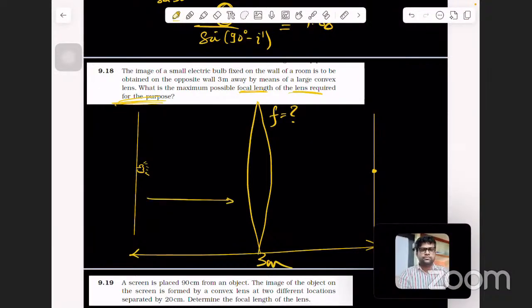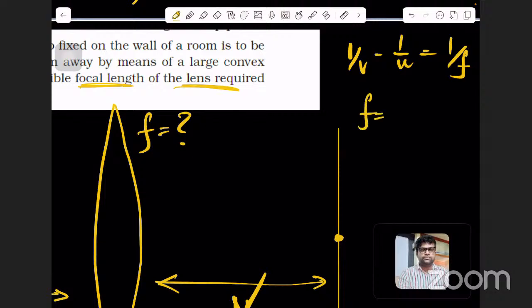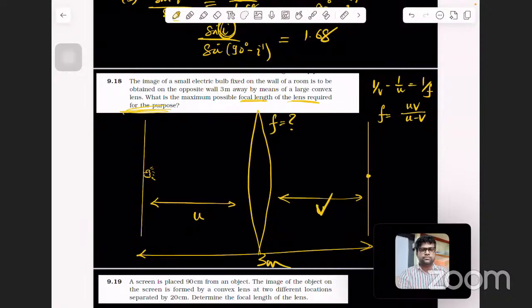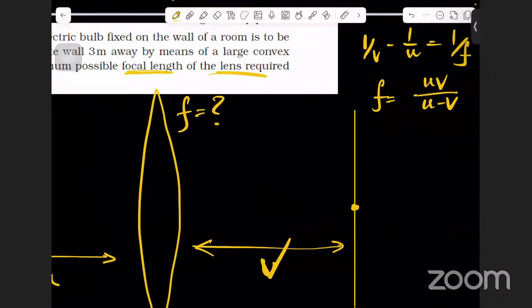Now this is, let's say, U, and this will be V. This is U, this is V. And now if I apply the lens equation, 1 by V minus 1 by U is 1 by F. From here, F is UV upon U minus V. Focal length would be UV upon U minus V. Now in mathematics, they'll teach you the maxima and minima concept, and we need to find this F max.